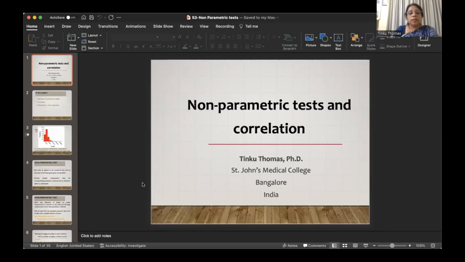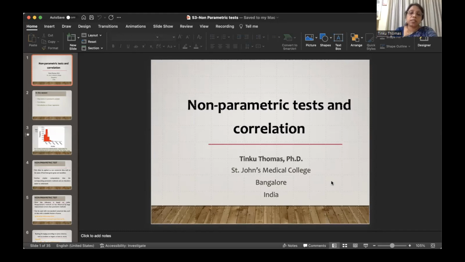So this session will be on non-parametric tests. Let me share the slides. The statistical tests that we saw in the previous session were all parametric tests. That means they dealt with statistics that used both means and standard deviations in the calculation, so they are called parametric tests.